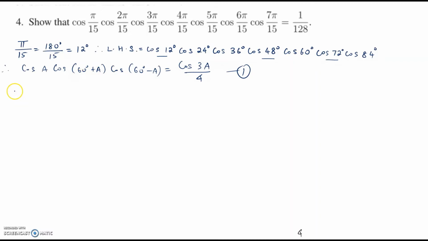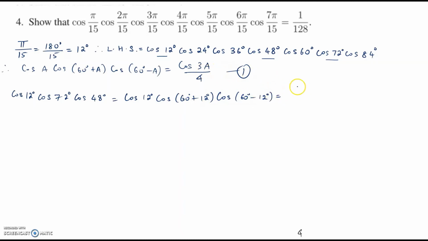So cos 12 degrees, cos 72 degrees and cos 48 degrees will be equal to cos 12 degrees into cos 60 plus 12 degrees into cos 60 degrees minus 12 degrees, which is nothing but, from 1, cos 3 times 12 degrees by 4, which is equal to cos 36 degrees by 4.